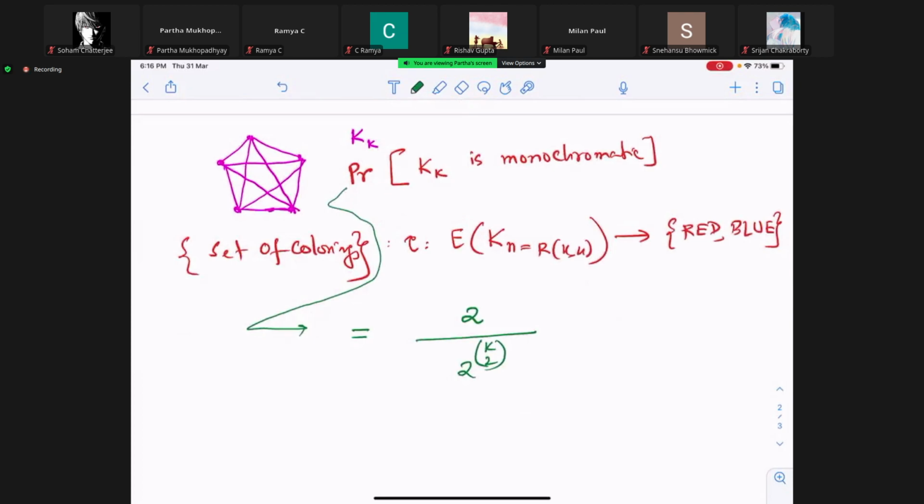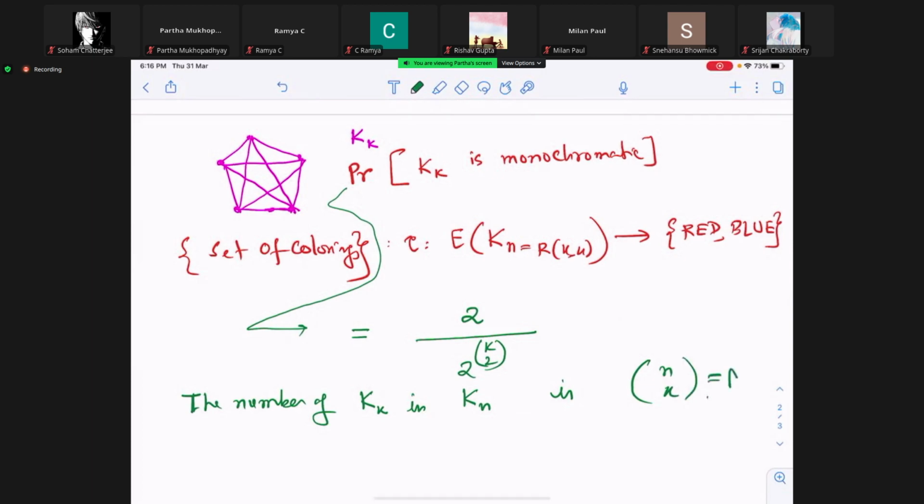Now, the number of K_k in K_n is n choose k. Obviously, you can choose any k vertices, and that defines one.